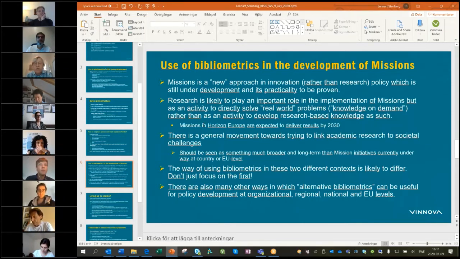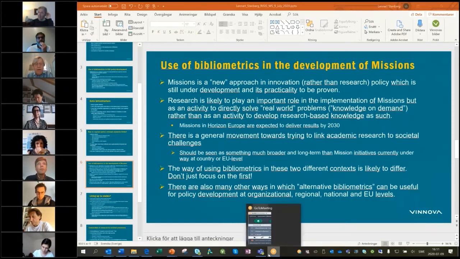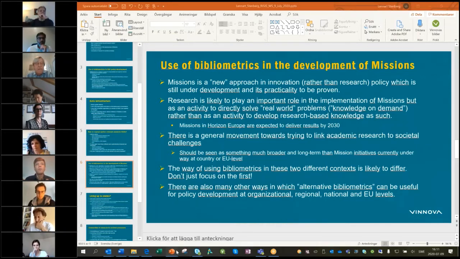These are long-term issues, and I think the academic community is still struggling with how to relate to this and how to handle it. Many are paying lip service to wanting to do this, but how do you do it? It is, for me at least, far from obvious how academic research can be geared more strongly to societal challenges. There are so many translations in between.